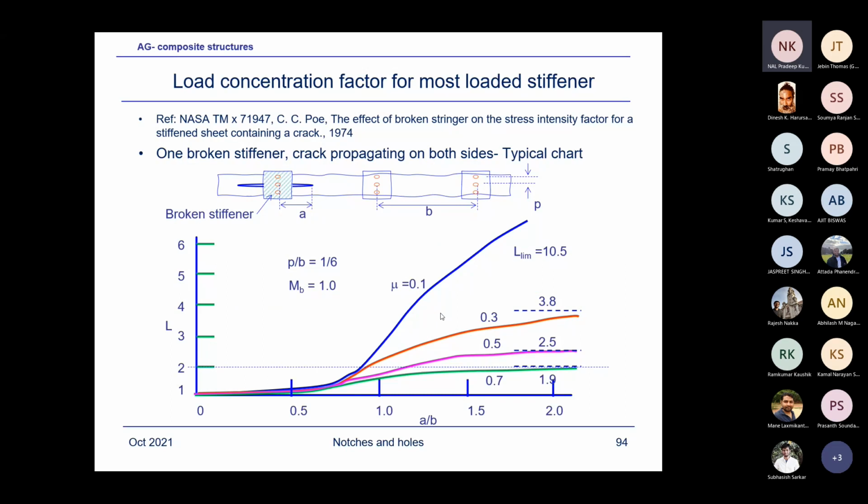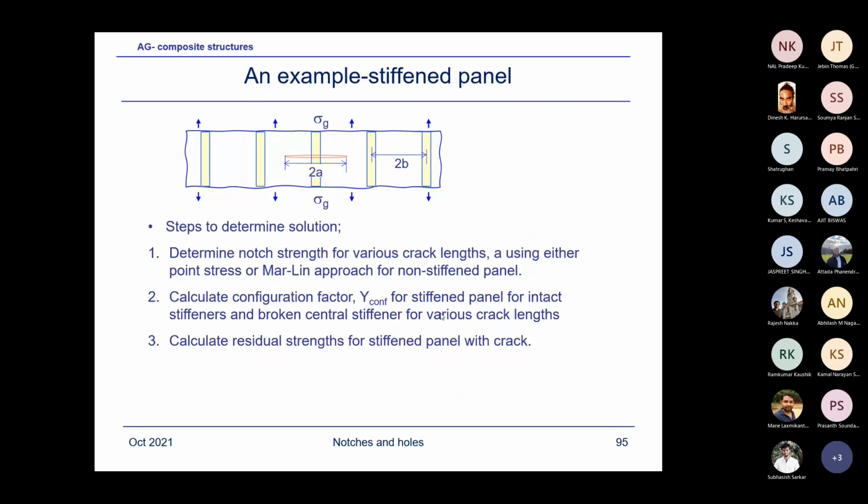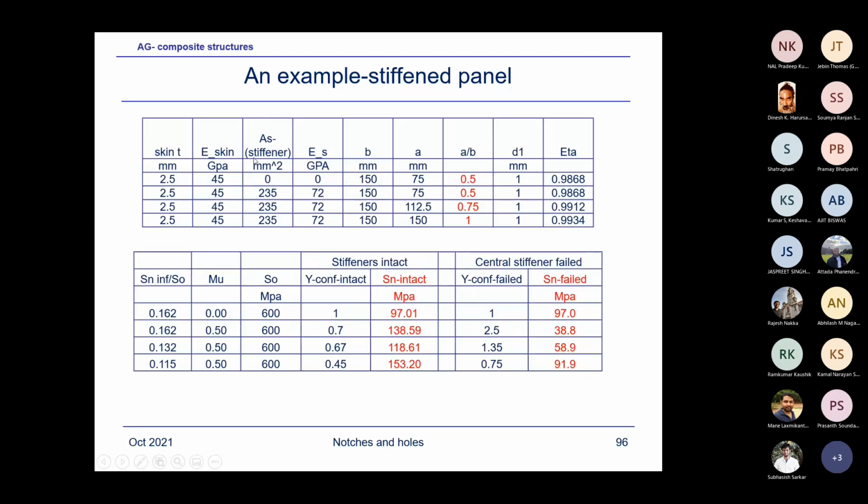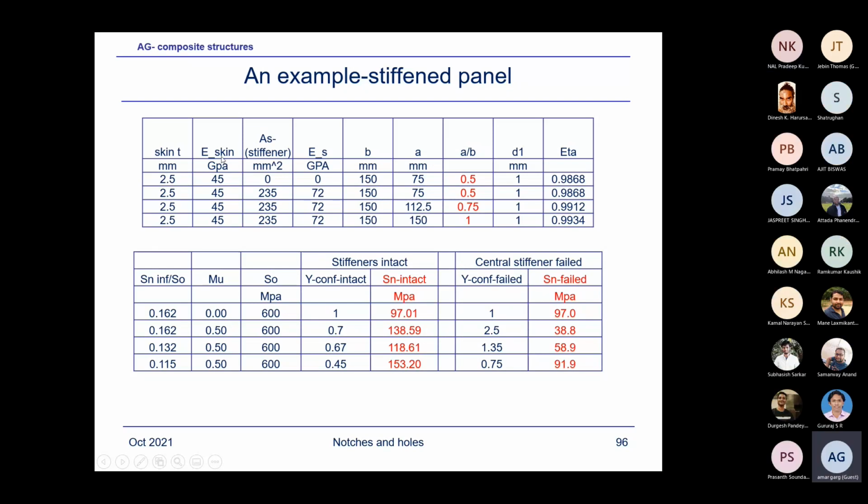Okay, so anyway, just as a typical example, I worked out to illustrate the method for a stiffener. Say skin thickness 2.5 millimeter, skin E some 45 GPa. They're all hypothetical values.